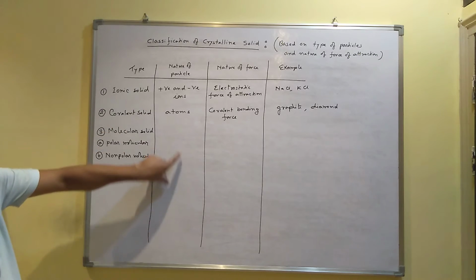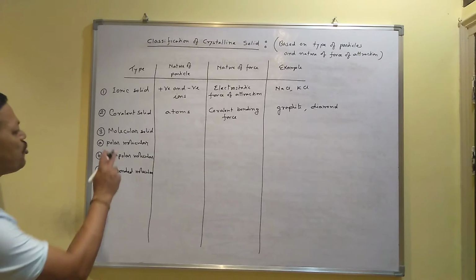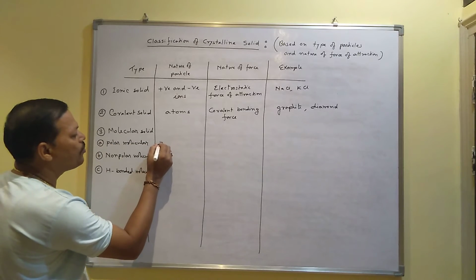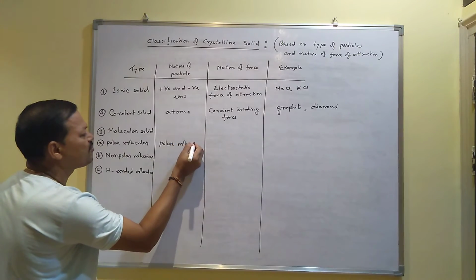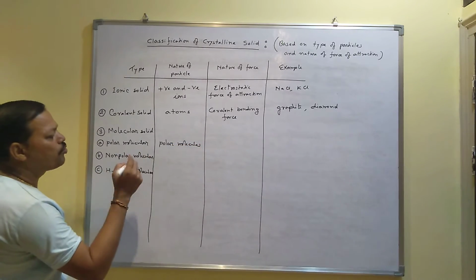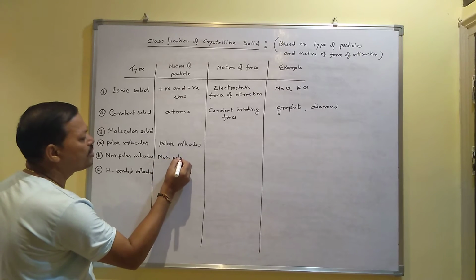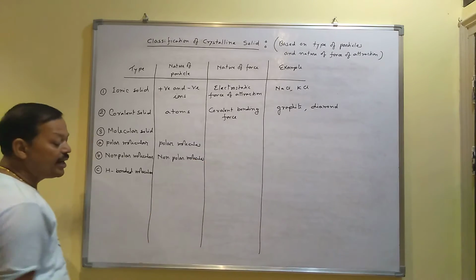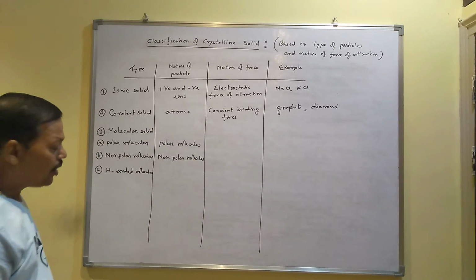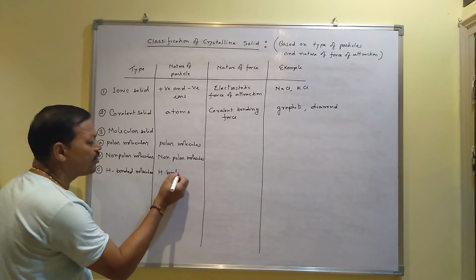In all these cases the particles will be molecules, but the nature of molecules will be different. In case of polar molecular solid, the particles are polar molecules. In case of non-polar molecular solid, particles are non-polar molecules. And in case of hydrogen bonded, the particles are hydrogen bonded molecules.